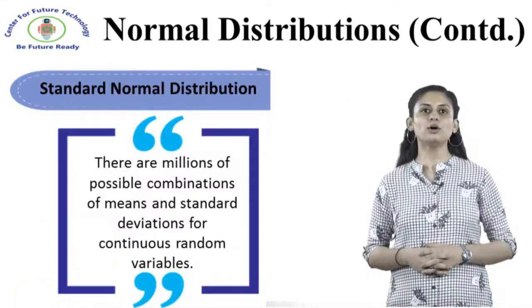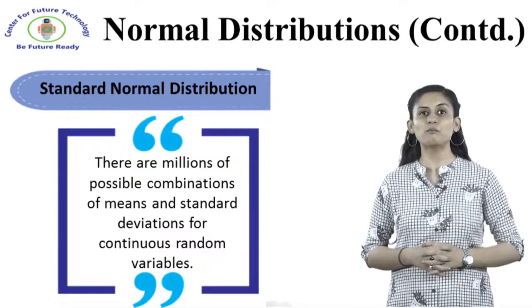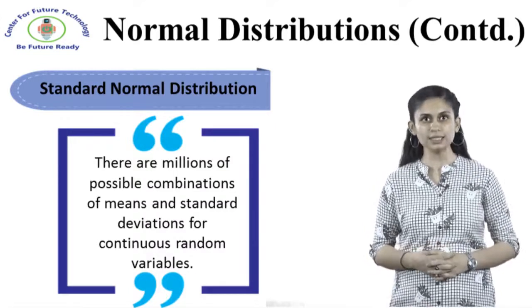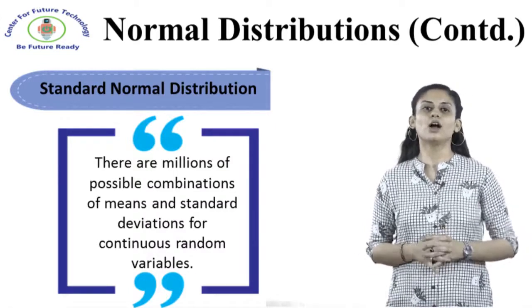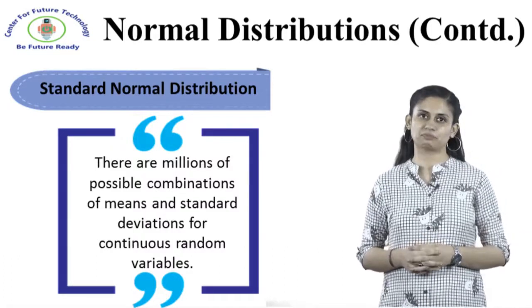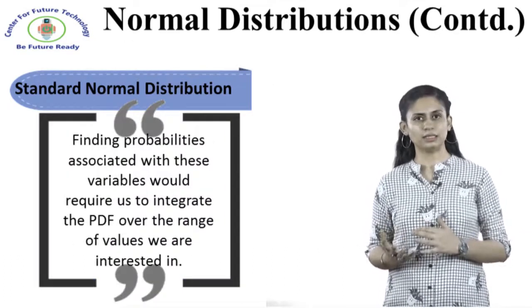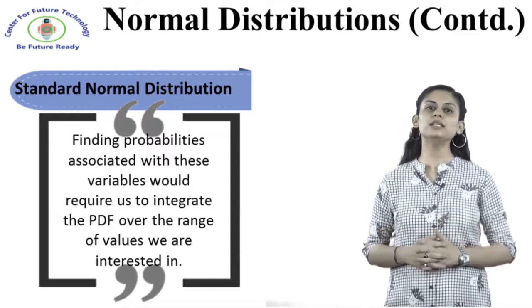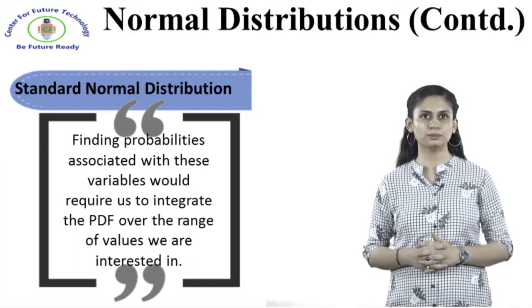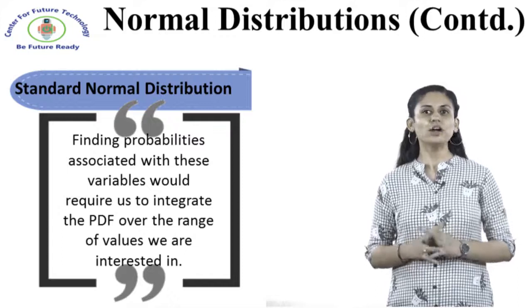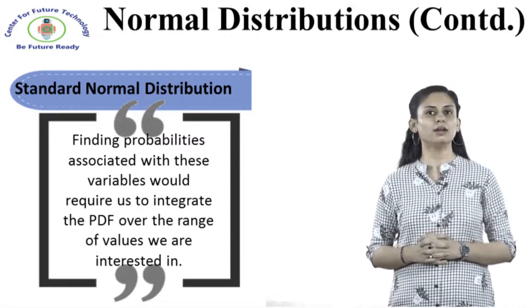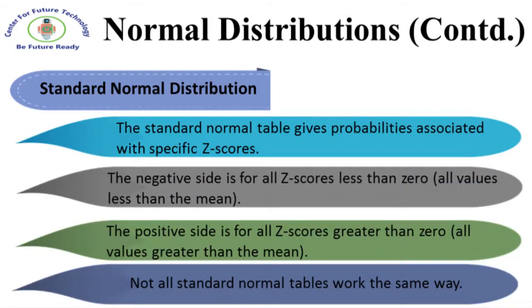The standard normal distribution. There are millions of possible combinations of means and standard deviations for continuous random variables. Finding probabilities associated with these variables would require heavy computation. To avoid this, we can rely on the standard normal distribution.